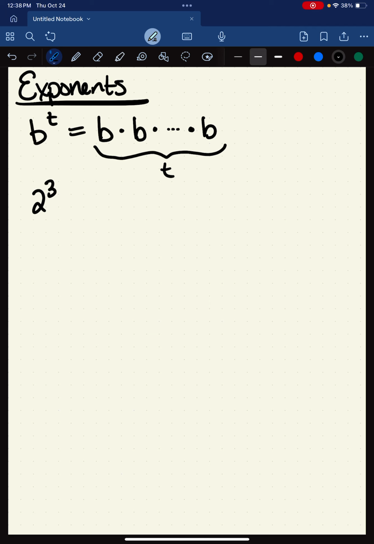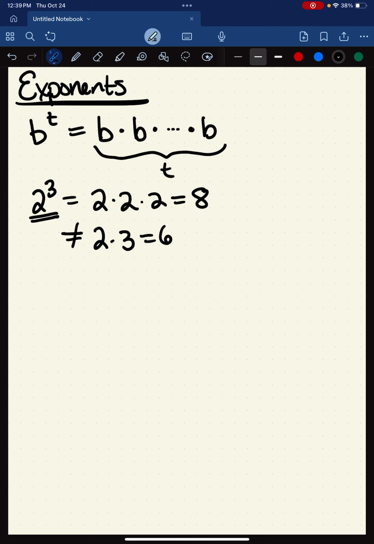So, for example, 2 to the 3 is 2 times 2 times 2, which is 8. Notice that this is not equal to 2 times 3, which is 6. So be careful not to multiply them.